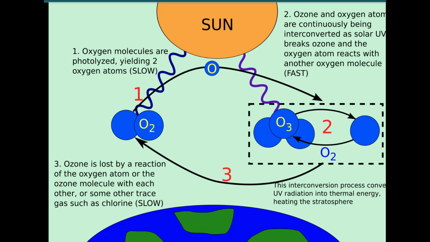So three atoms of oxygen combined is what is called ozone. And it can happen only when it absorbs radiation and breaks apart to form oxygen atoms. This leads to a balance between oxygen gas and ozone levels in the stratosphere.